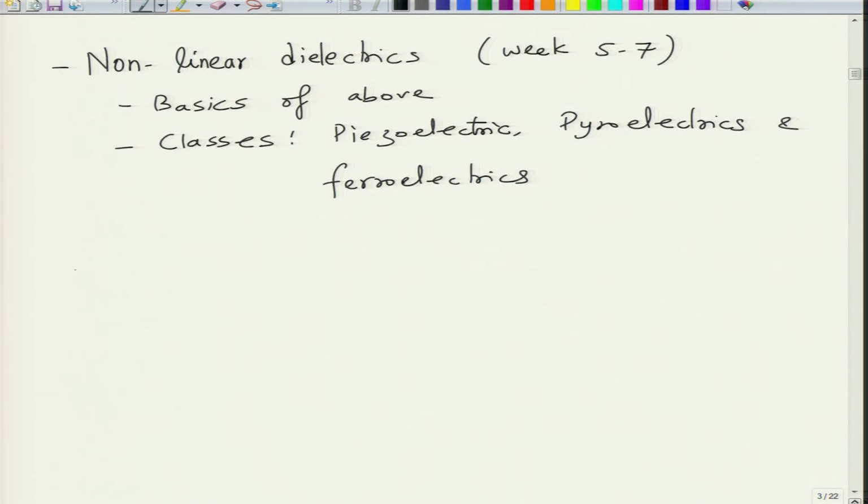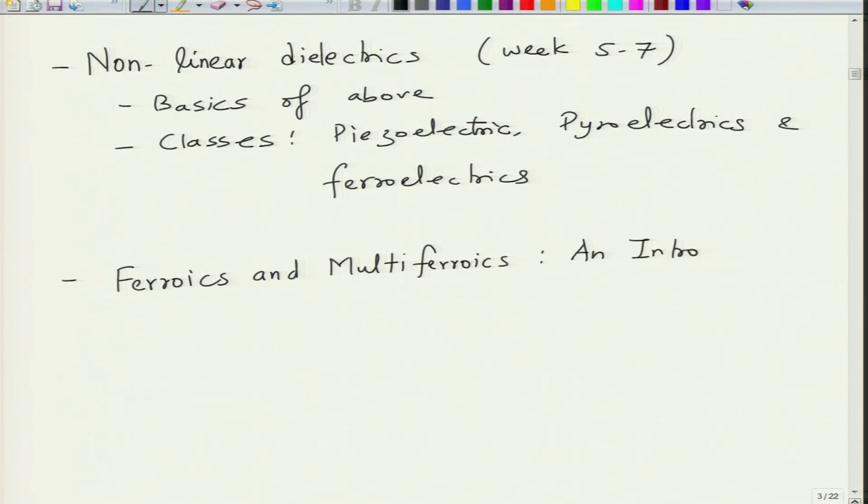So, there could be certain overlap, and then finally we will move on to ferroics and multiferroics, and there we will basically introduce this new topic of multiferroics, looking at the types of multiferroics, what are the materials, what is the importance of these materials, and what are the challenges, what is the current status, and this will constitute week 8.